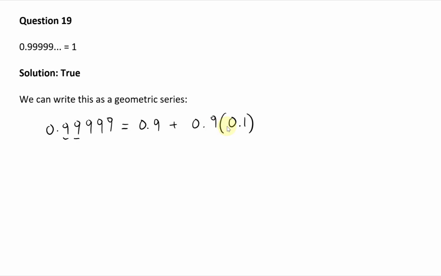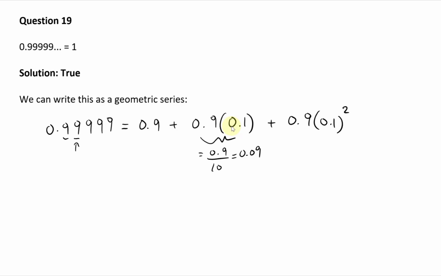So then this one right here is equal to 0.09. For completeness, this equals 0.9 divided by 10, which equals 0.09. All right, so that's this term. Then we add the next one, 0.9 times 0.1 squared.